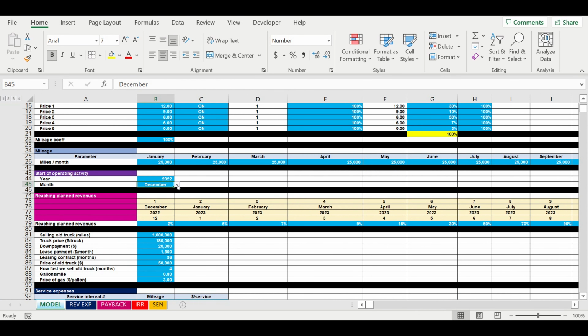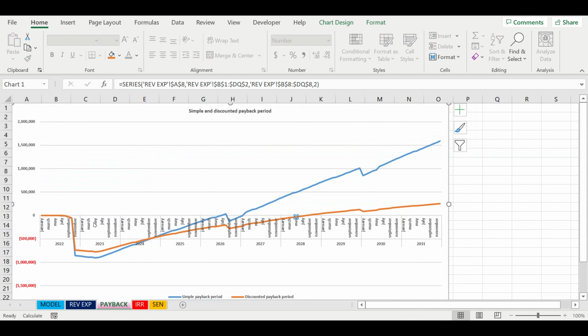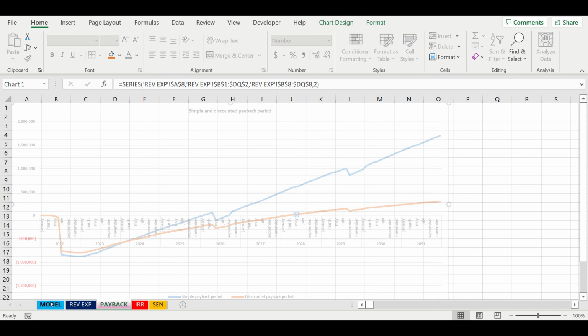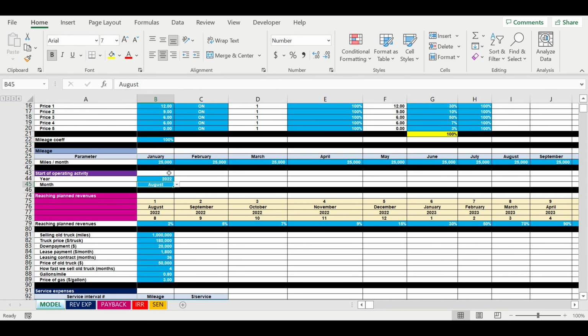So for example, if you want to displace it to August, we just do it like this. Just wait a little bit while Microsoft Excel recalculates. See how Excel displaces our model.